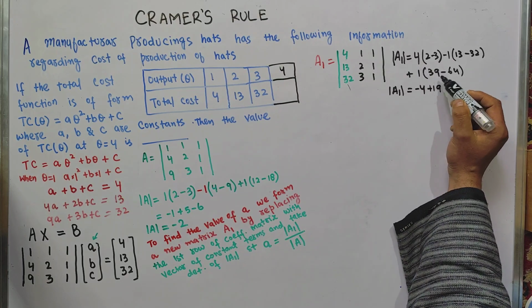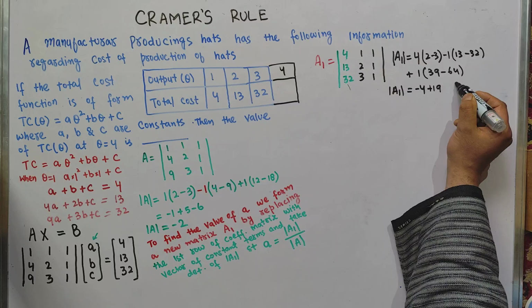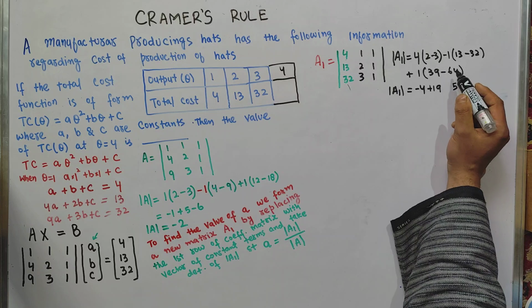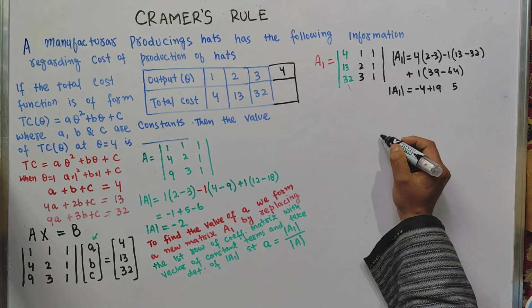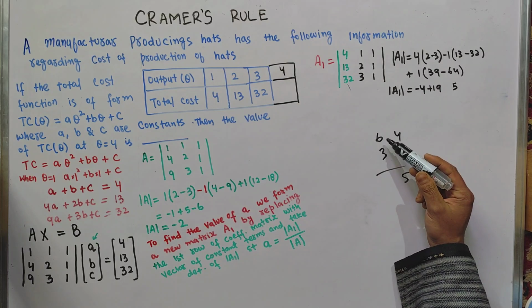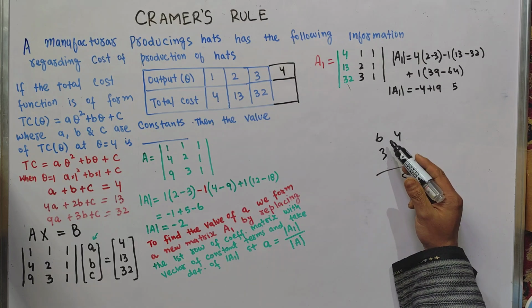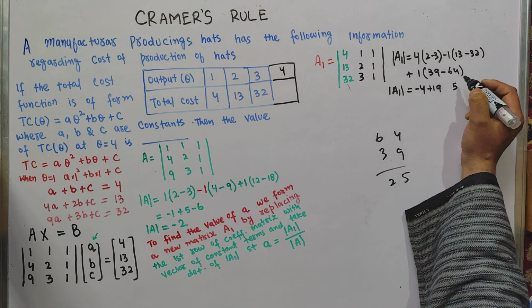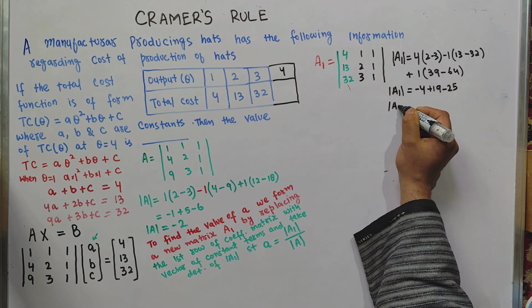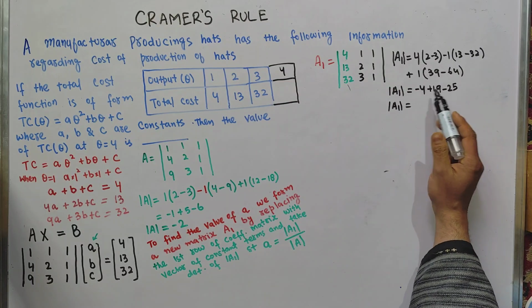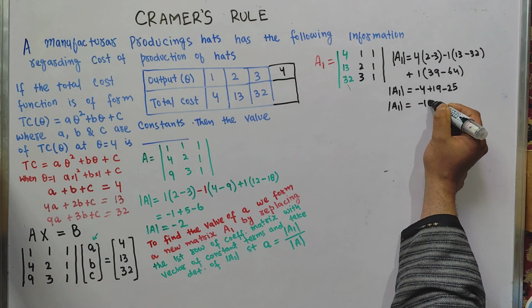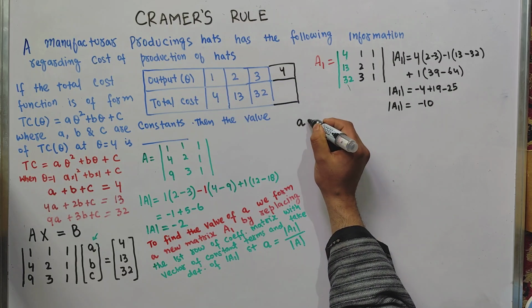Then we have 64 minus 39, which comes out to be 25 but with a minus. Adding this up, minus 29 plus 19 comes out to be minus 10.